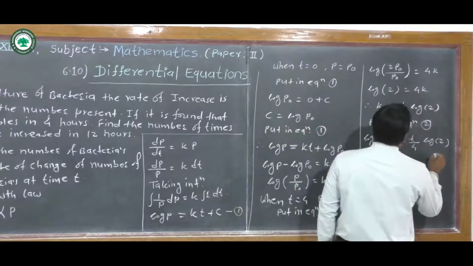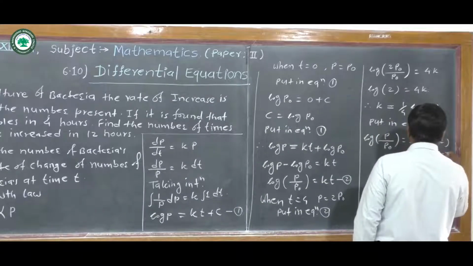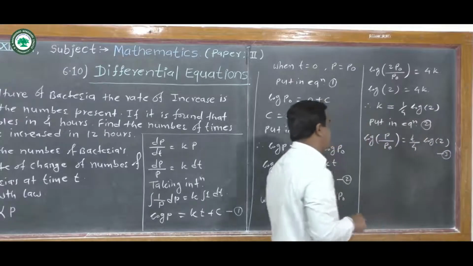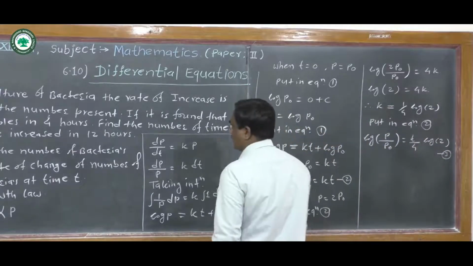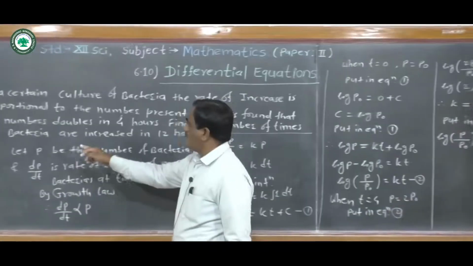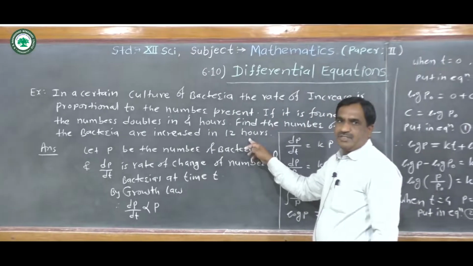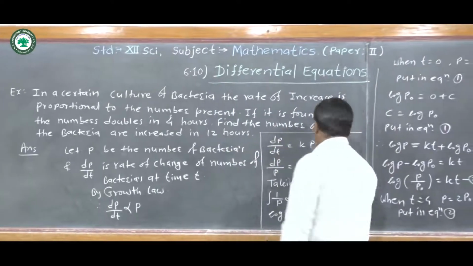Say this is equation number 3. Now we can use the third condition here: find the number of times the bacteria increase in 12 hours. That is, when t is equal to 12, what is the value of P?